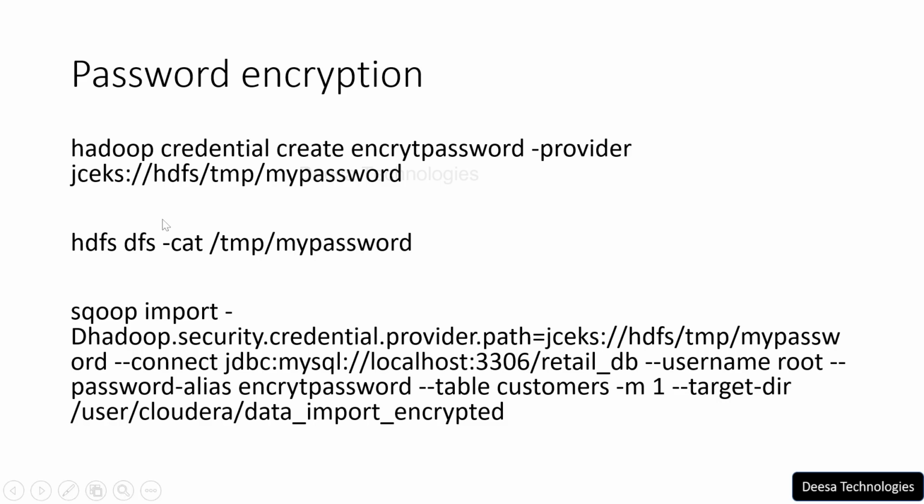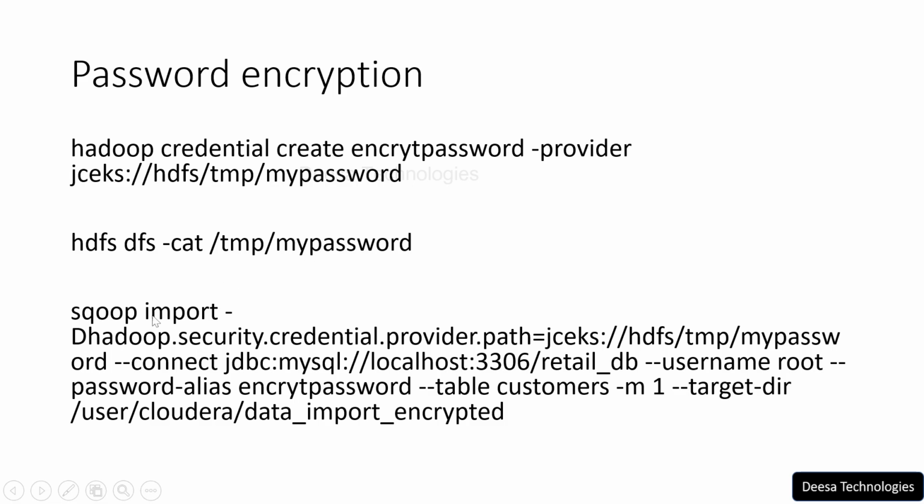Now this particular file, you can use it. If you see here, this is an alias that we give. We don't even have to give this location, we just give this alias. The alias here is encrypt password.